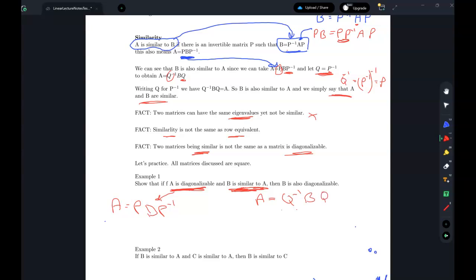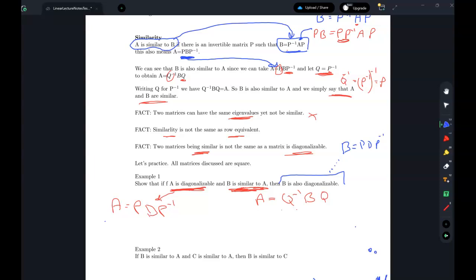What they want me to show is that B is also diagonalizable. So in my head, I'm thinking I want to get B equal to a PDP inverse thing, right? Okay, so let's just keep going with this.